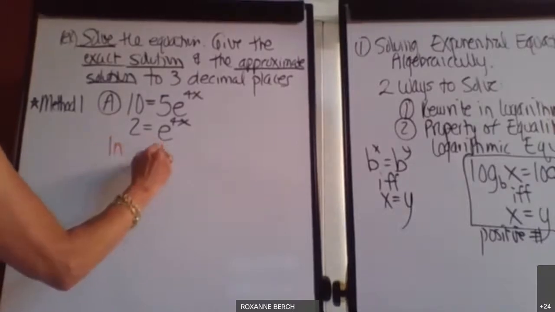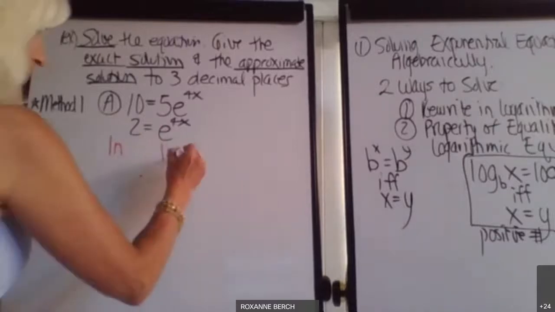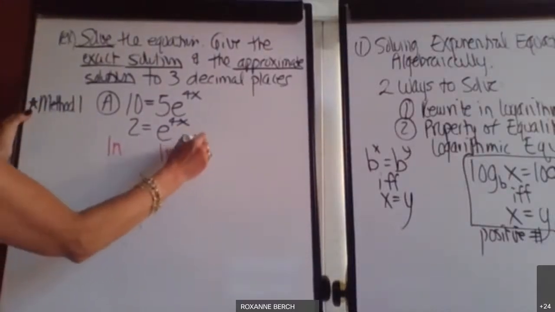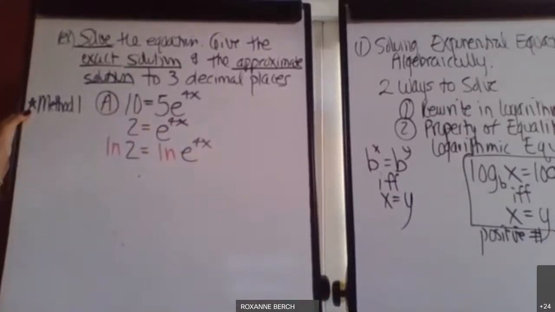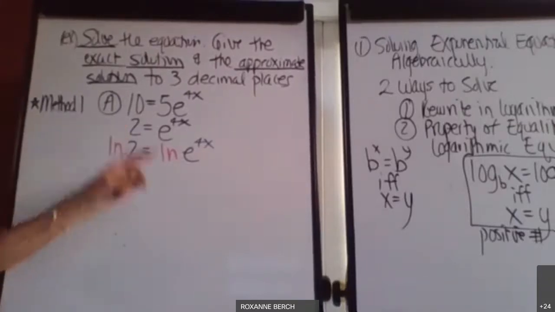So I'm going to take a natural log to both sides. And the reason why I'm doing that is because this is a log base e of e, which is going to get that variable down. So the problem is we're trying to solve for x, but our x is in an exponent. So we've got to get him down from there.